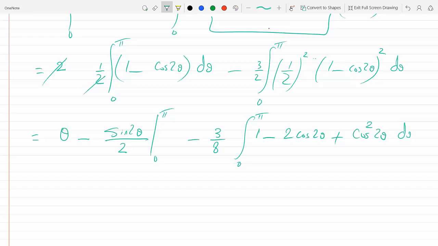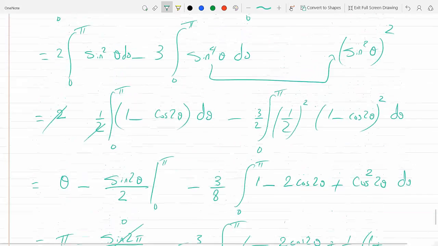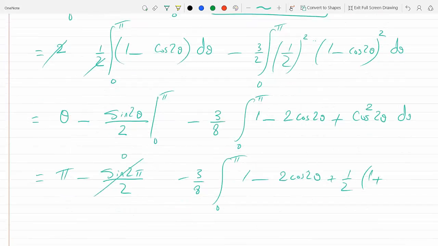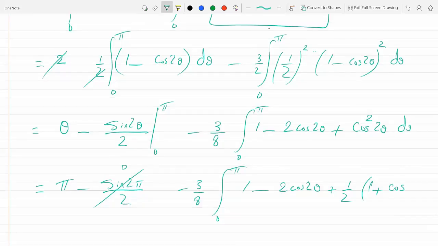So here we get pi minus sine 2 pi over 2. The 0 will make them 0 because sine 0 is 0. So minus 3 over 8, 0 to pi. This becomes 1 minus 2 cosine 2 theta. Cosine squared we said is 1/2 1 plus, oops, wait, this was sine squared. Never mind. Cosine squared is the same thing as sine squared except it's addition instead of subtraction. So 1 plus cosine, double the angle. Now the angle is 2 theta, so this becomes 4 theta.